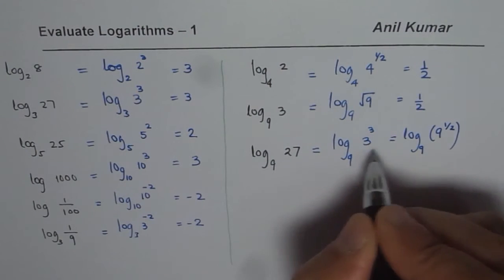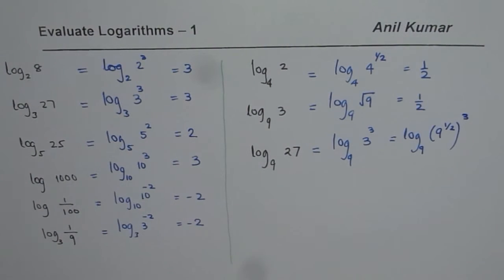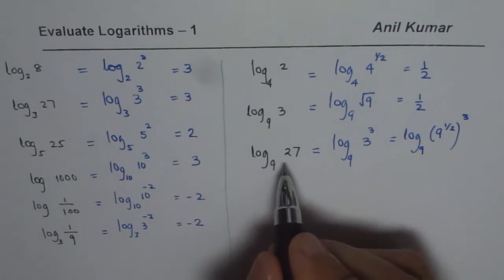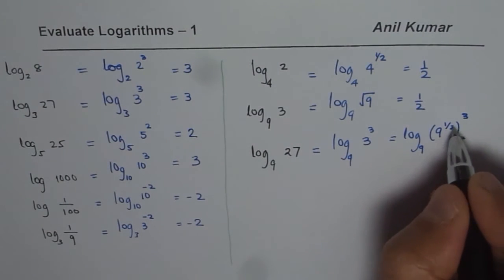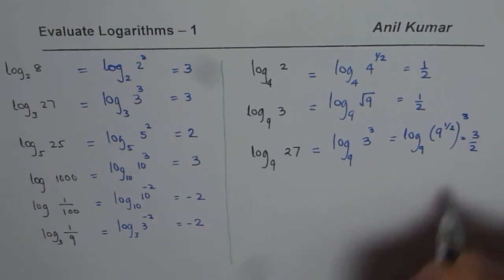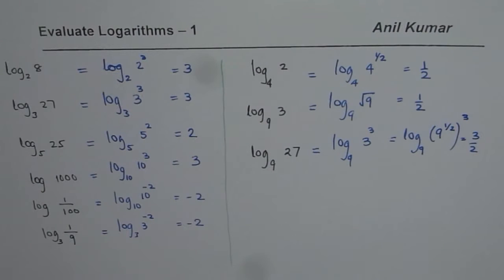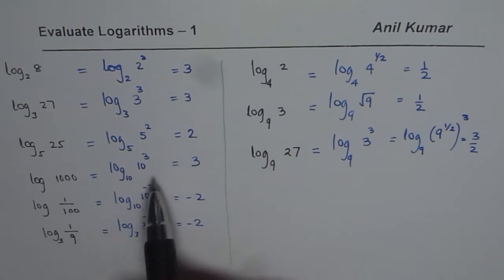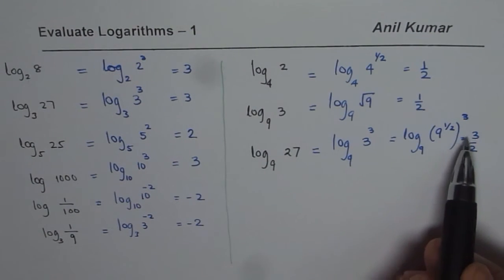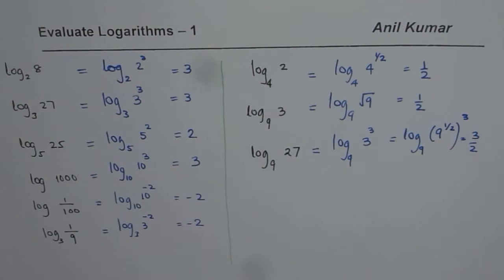Do you see? The square root of 9 is 3. And then cubed. And therefore, the answer for this will be 3 over 2. Do you get the idea? So 3 over 2. That is how we can also do the same thing involving radical roots, correct?